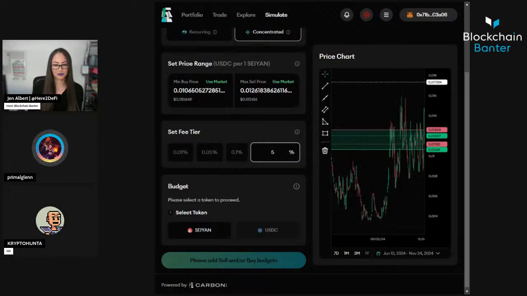Yeah, when you're out of range, you're going to be 100% in one token, right? So if you want to rebalance your position, you can certainly do so. You can withdraw some of those tokens, sell them for the other token in that trading pair that you don't have anymore, and then edit your position to be back in range, and then contribute the required amounts of tokens for that range that you're selecting.